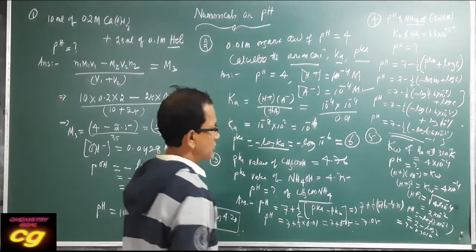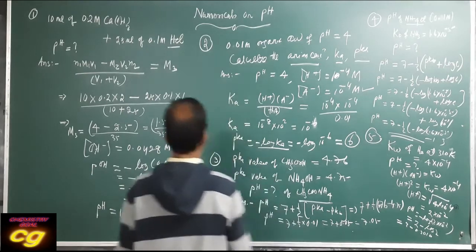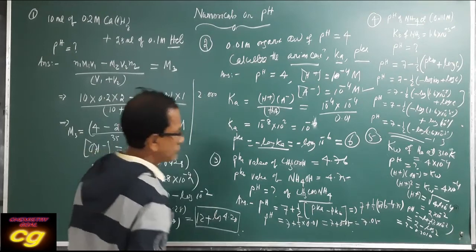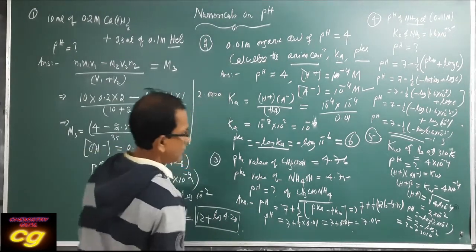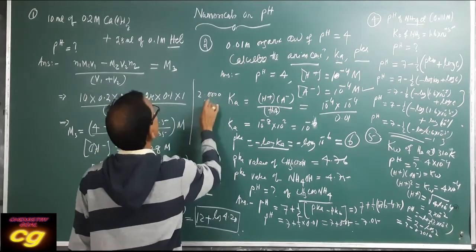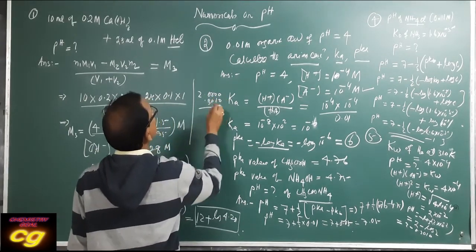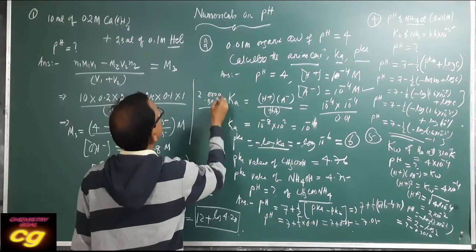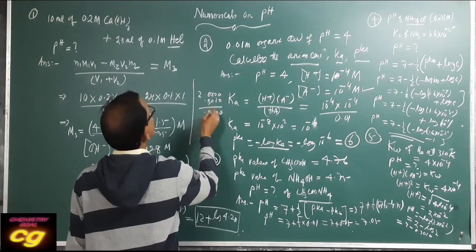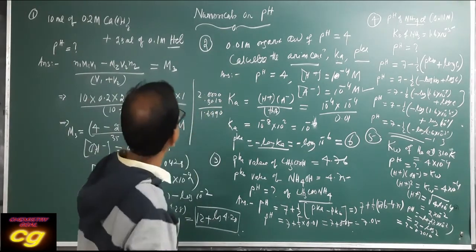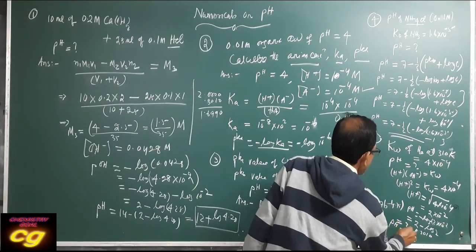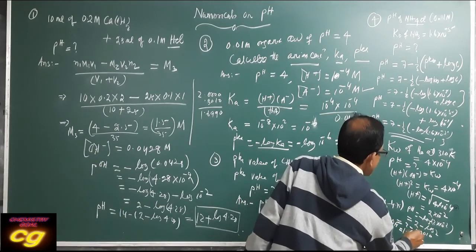If you calculate that, 2.000 minus 0.3010 gives 1.699. So the pH will be 1.699.